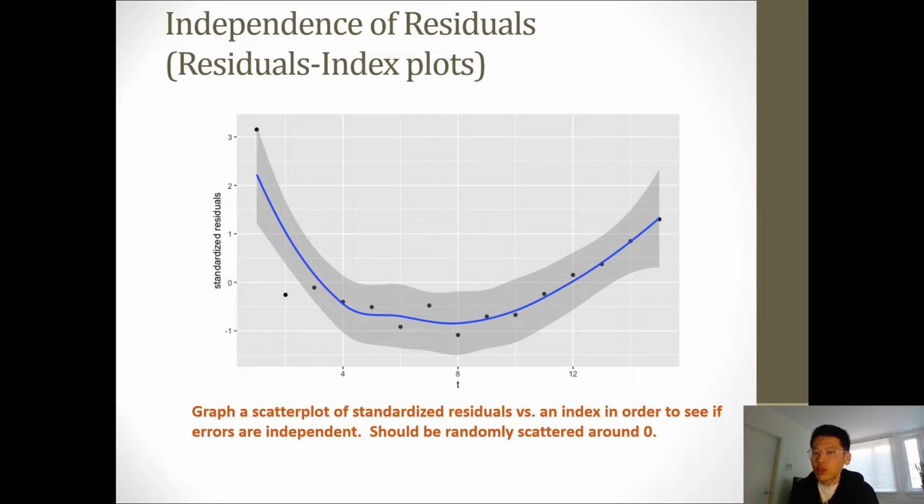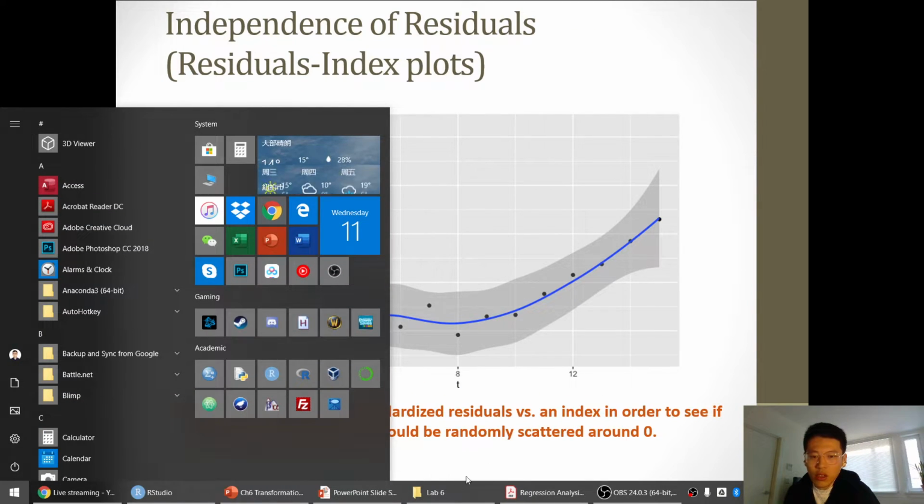But we'll see later whether we have solved that problem with the transformation. Usually you need to use another way to address this problem. Okay, so before the transformation, we are going to see the code.